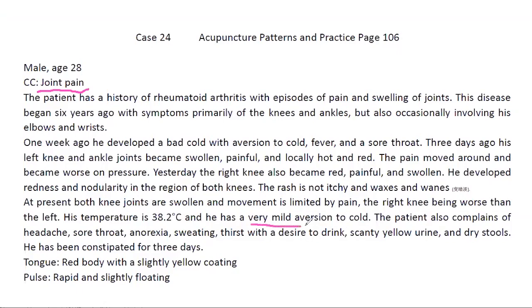Very mild aversion to cold and some headache, sore throat. One week ago, bad cold with aversion to cold, fever, and sore throat.